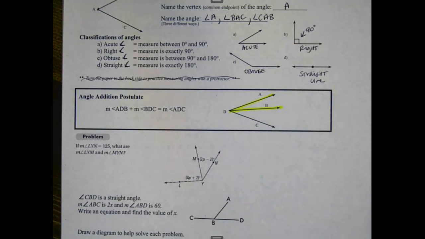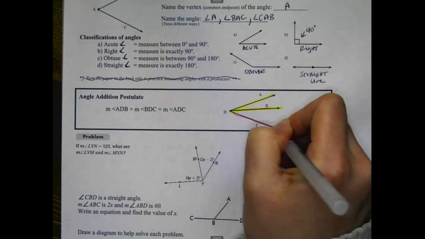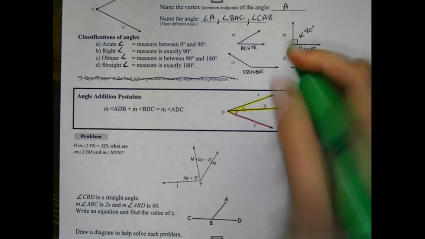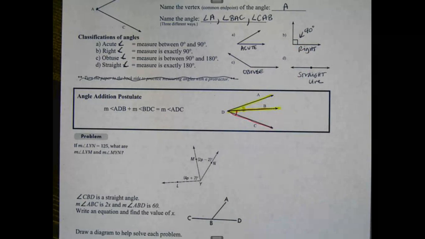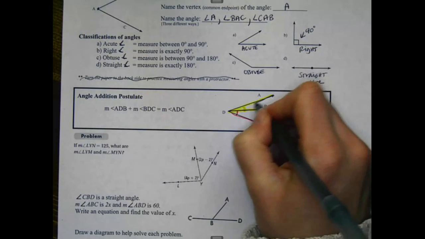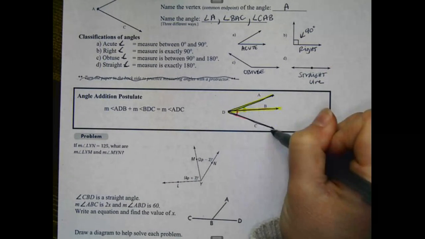That is going to be added with my other angle, and my other angle is the measure of BDC. So this angle plus this angle will actually equal the entire thing. So the entire thing, hopefully you guys have a different color. I only have black, so this entire thing, if I add those two, it should equal the entire angle.